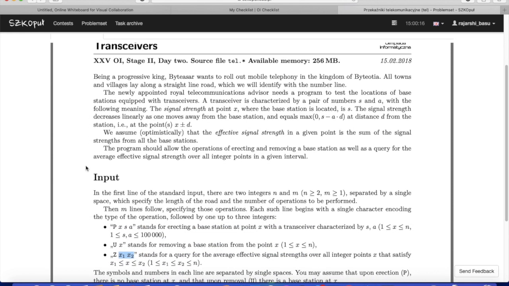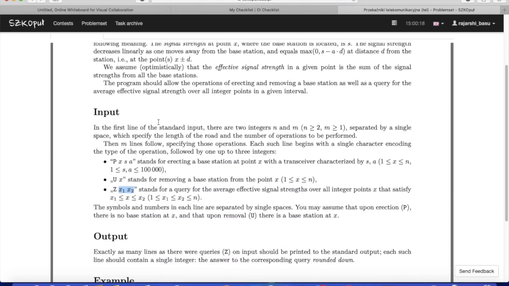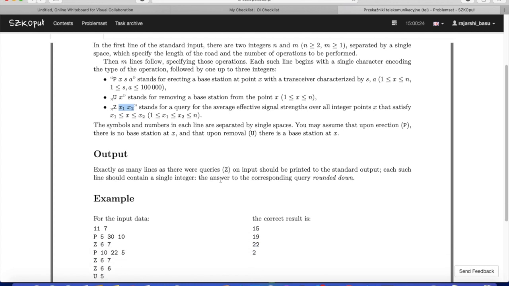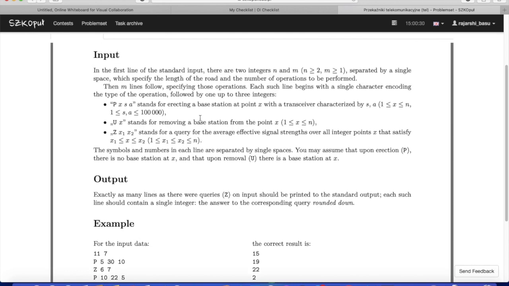We have to give the corresponding answer in the query rounded down. This is not a problem. So essentially we just have to find the sum of effective signal strengths in the region x1 to x2.